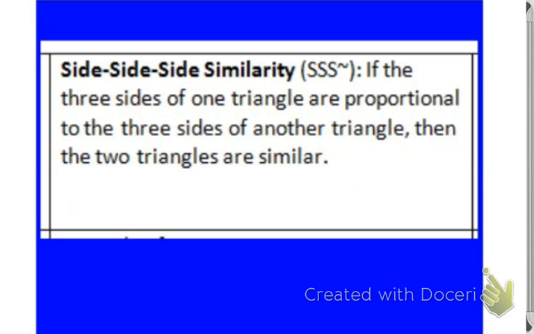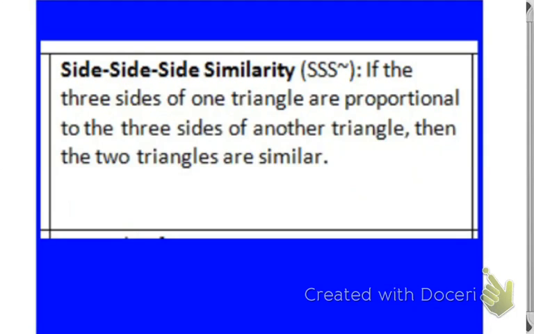Alright, and so that also proves that triangle WXY is similar to triangle ZXY under the angle postulate.